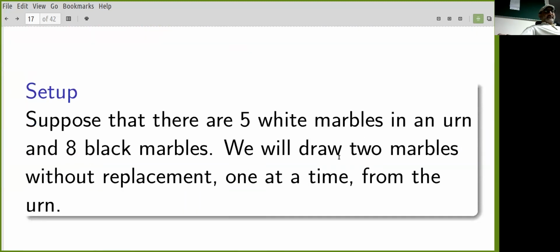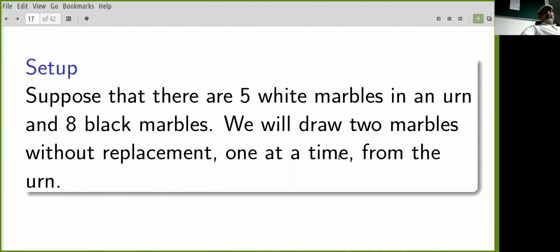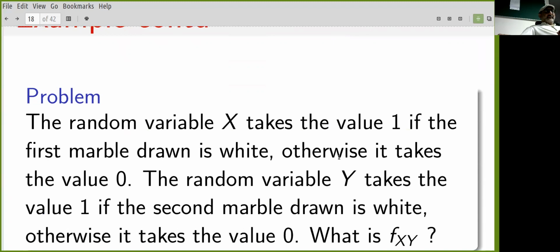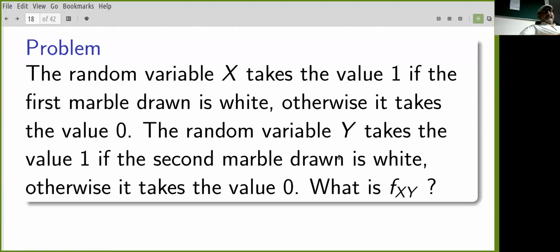All right, let's try another one. There are 5 white marbles in a container. There are 8 black marbles. We're going to take 2 marbles without replacement, one at a time. So let's define 2 random variables based on the outcomes of this experiment.